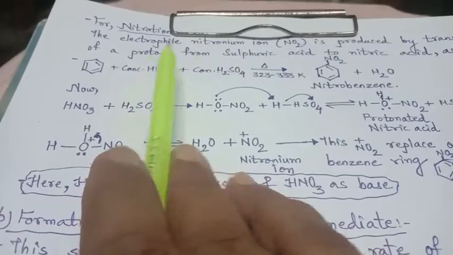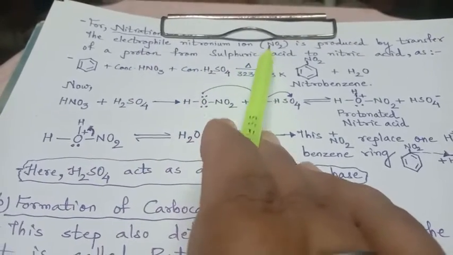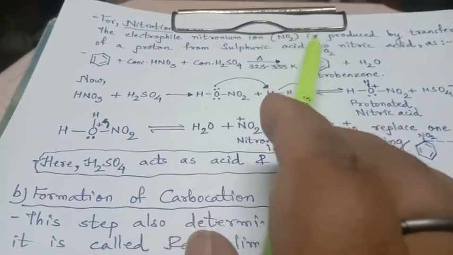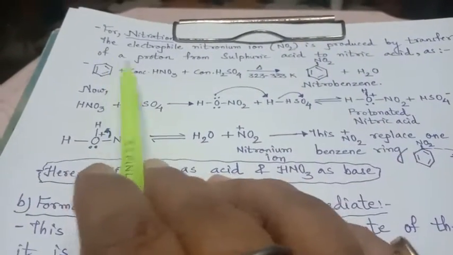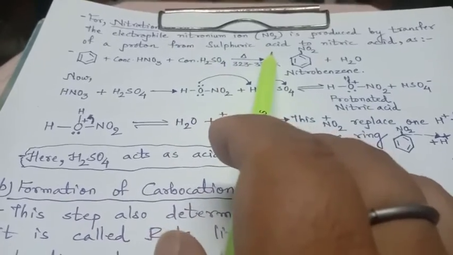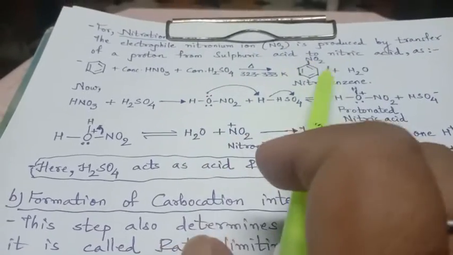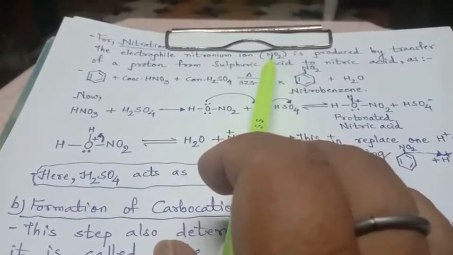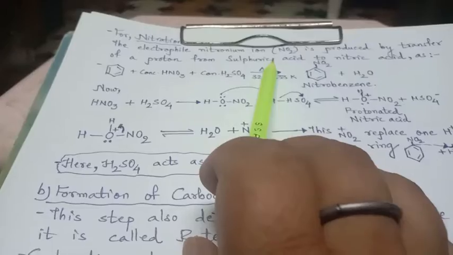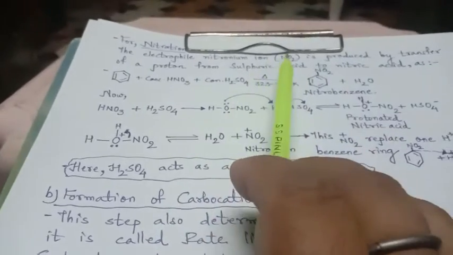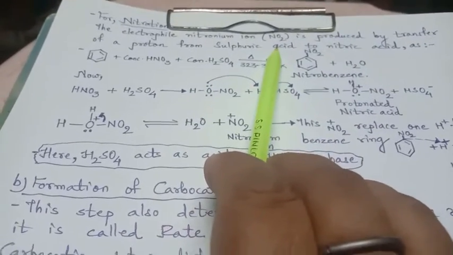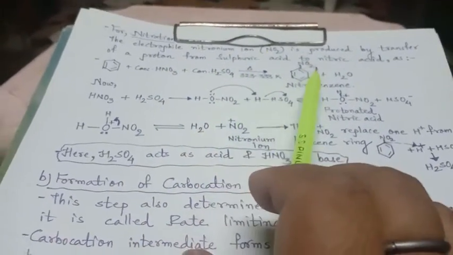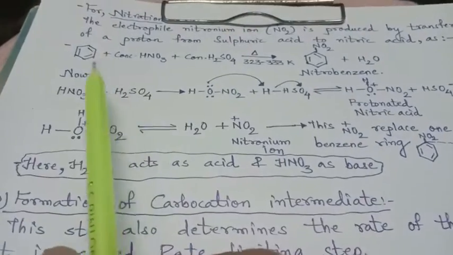The electrophile nitronium ion, that is NO2 plus, is produced by transfer of a proton from sulfuric acid to nitric acid. So here is how the electrophile NO2 plus is produced. Generation of electrophile is the first step we are discussing. So here the nitronium ion is produced by transfer of a proton from sulfuric acid to nitric acid. So what is here in the reaction?